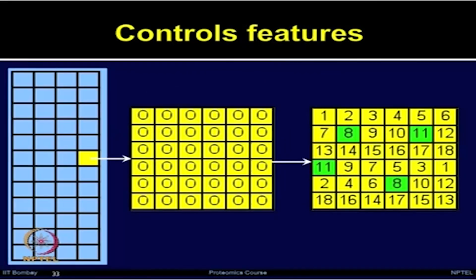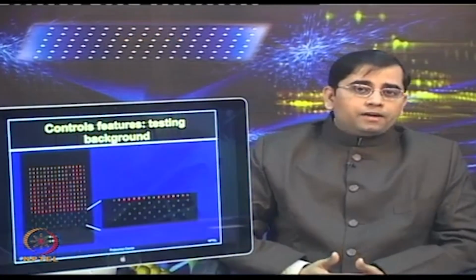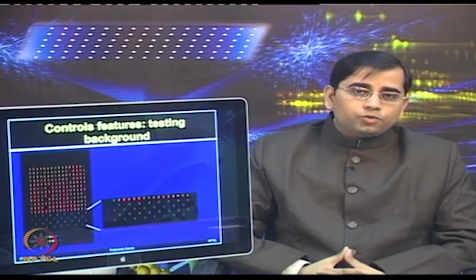As briefly mentioned earlier, you need to ensure that different types of control features are spread across the array surface, and these could be mouse IgG, no DNA, non-spot, EBNA, human IgGs, etc. Now, to test the background, you need certain control features.